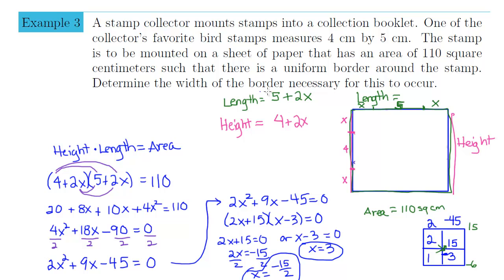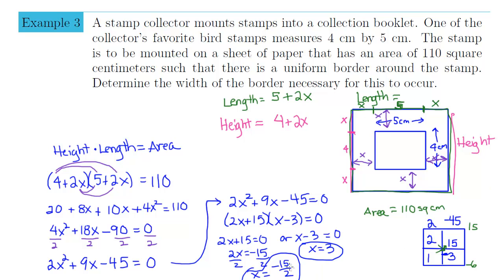The last step is to answer our problem. It says determine the width of the border. What was x again? Recall, x was the width of our border. X was this distance that's uniform all the way around the stamp, right? So either x is 3 centimeters or x is negative 15 half centimeters.